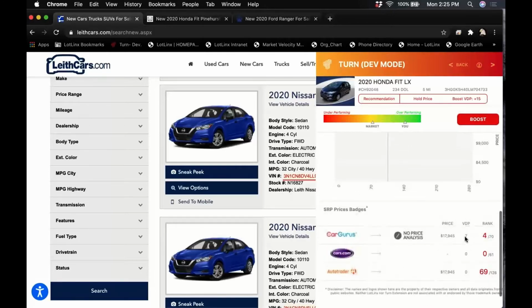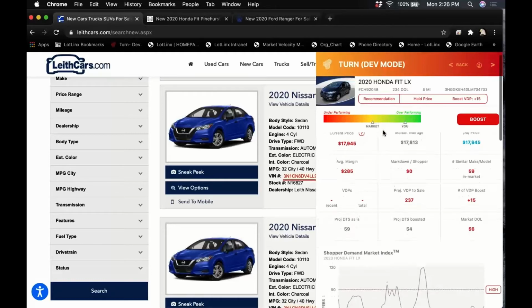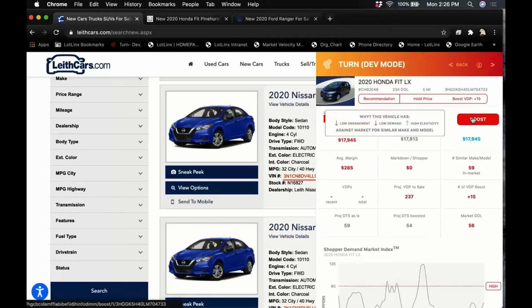But essentially, what we're showing is, this dealer is doing well with these cars in general. They're generally overperforming the market, right? But this car has been sitting there for a long time, so we're recommending, listen, you ought to boost this vehicle, meaning put it in a VIN-specific campaign and drive low funnel, direct shopping sessions against that car over the next 10 to 15 days, and that'll move it, right?